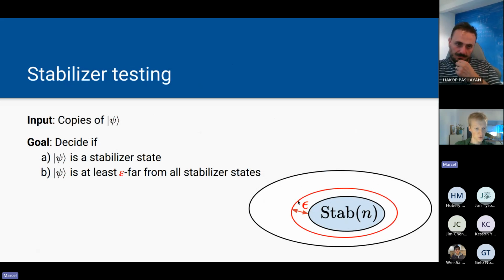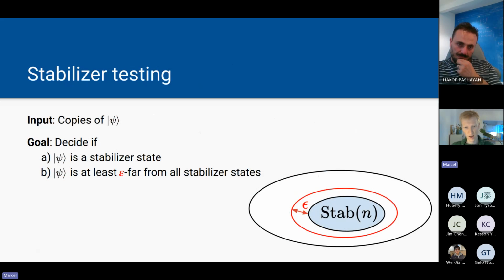So it's at least some non-trivial distance away and has thus some non-trivial amount of magic. And this epsilon really is just there to assure that you don't have to go to infinite precision to distinguish these two cases. So it's like a standard promise gap definition of a task.